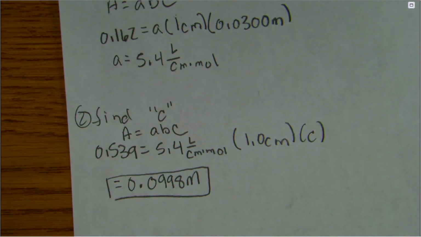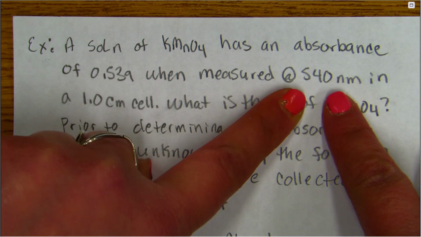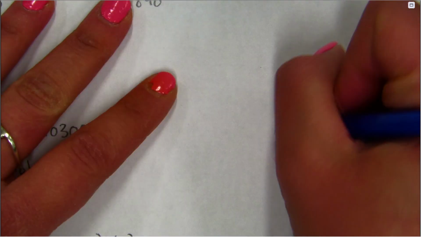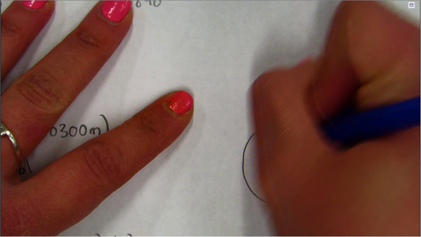So how would we even know in a spectrophotometer what wavelength of light to choose? We had 540. How did the scientists know to choose 540? What we're going to do is look at our color wheel.